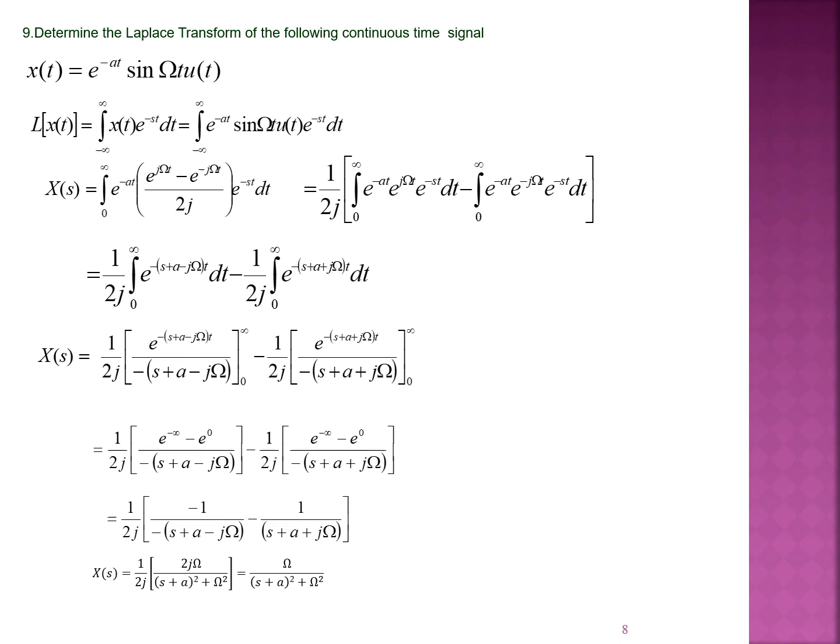What about the second term? 0 to infinity, e power minus at into e power minus j omega t into e power minus st into dt. I have taken this 2j as common. Now do the normal integration. In this step I am going to take an LCM, and the Laplace transform of e power minus at into sin omega t is nothing but omega by (s plus a) the whole square plus omega square.